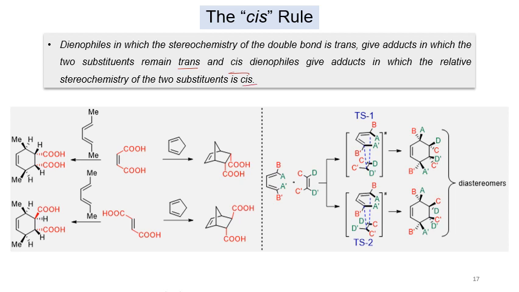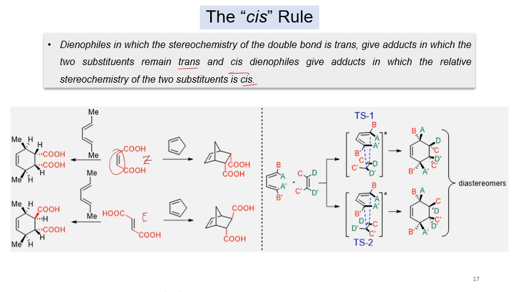For example, you can see here, these two have a relative stereochemistry of Z, whereas here, these two have the E stereochemistry. So you can see in the product, in both the cases, the stereochemistry is retained, whether it is a monocyclic or a bicyclic cycloadduct.